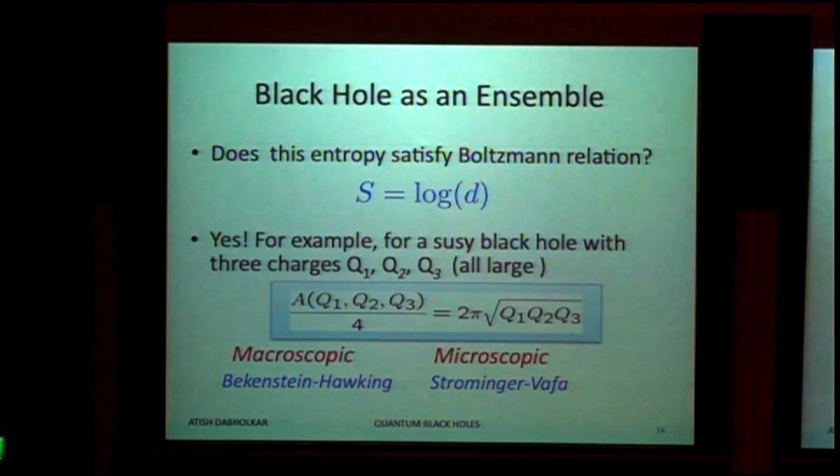They took some special black holes, basically in 5 dimensions, a cousin of the Kerr-Newman black hole. Instead of having just one Maxwell field, you have 3 different Maxwell fields that come in string theory, and therefore you have 3 different charges. You compute the area of this black hole divided by 4, and you find that it equals 2 pi square root of q1 q2 q3.